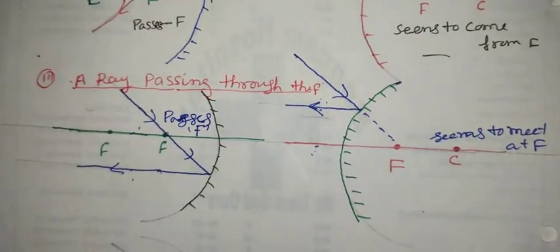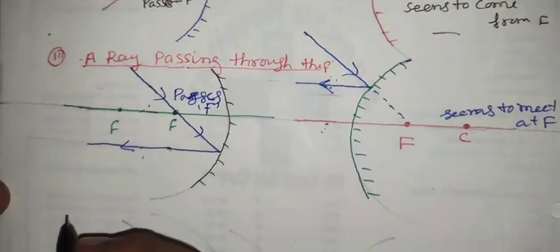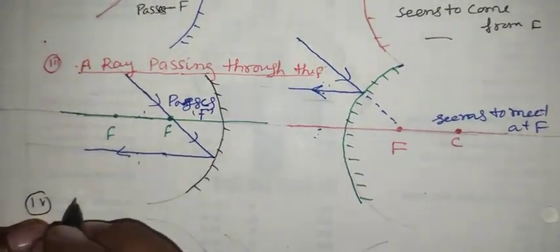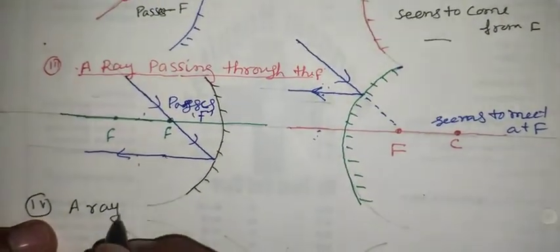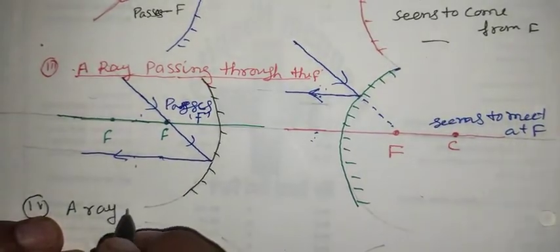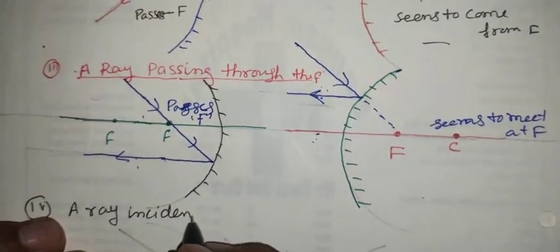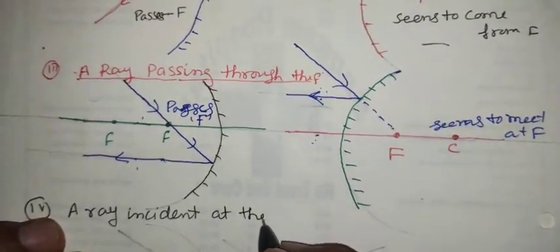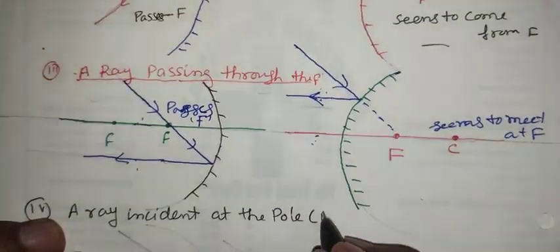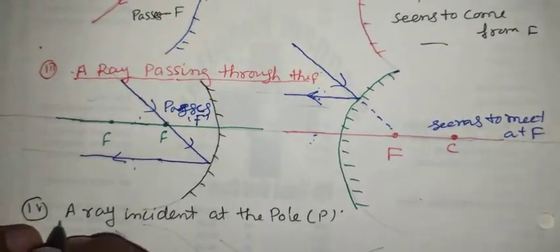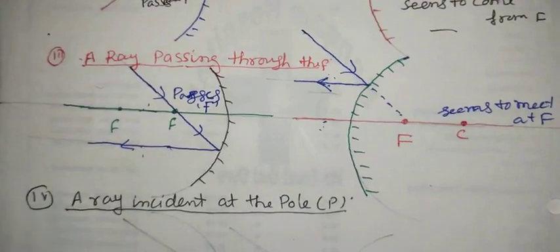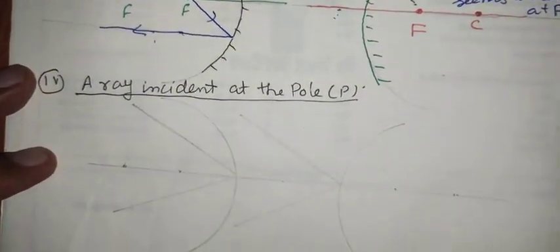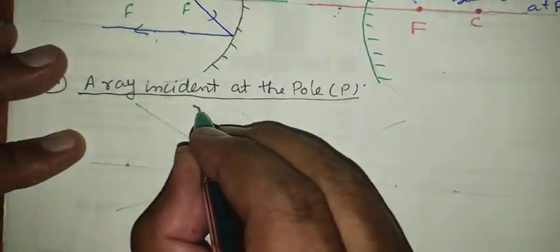Now we are going to see the final rule, the fourth: a ray incident at the pole of the mirror, P. Then what is the rule? To see the rule, again we will take two mirrors.